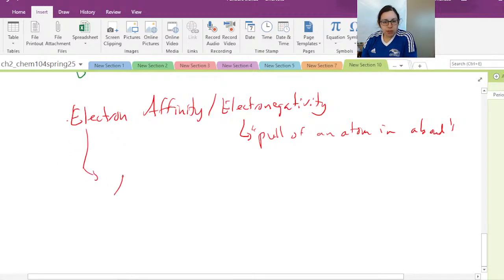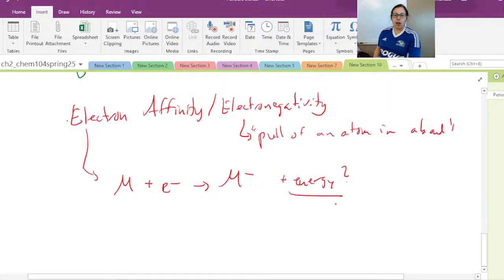And so electron affinity formally is just the energy either released or required to add an electron. So how favorable is that process?